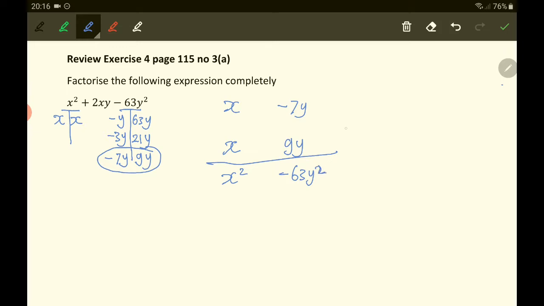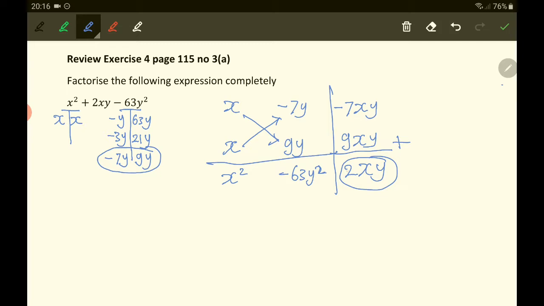After that you cross multiply: here you get minus 7xy, and here you get 9xy. If you add both of them, you get 2xy, and this 2xy must be equal to the middle term.